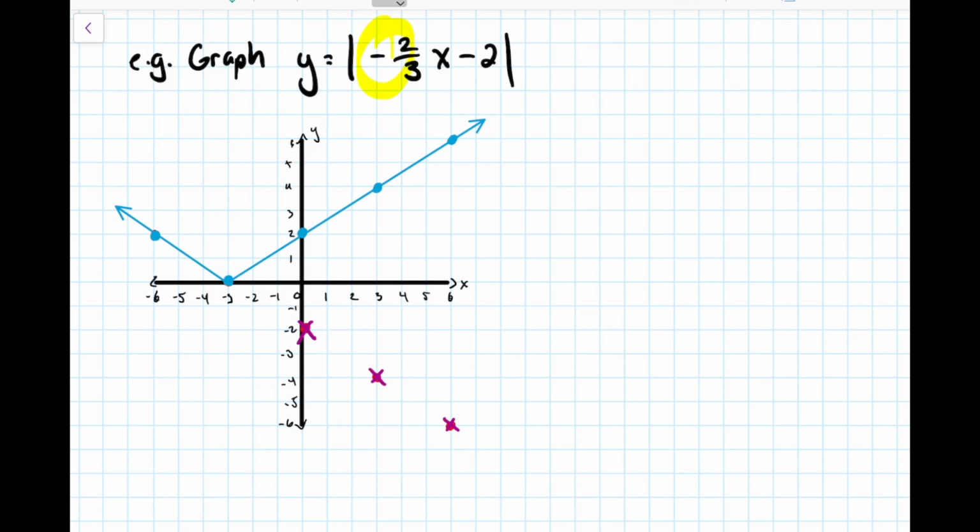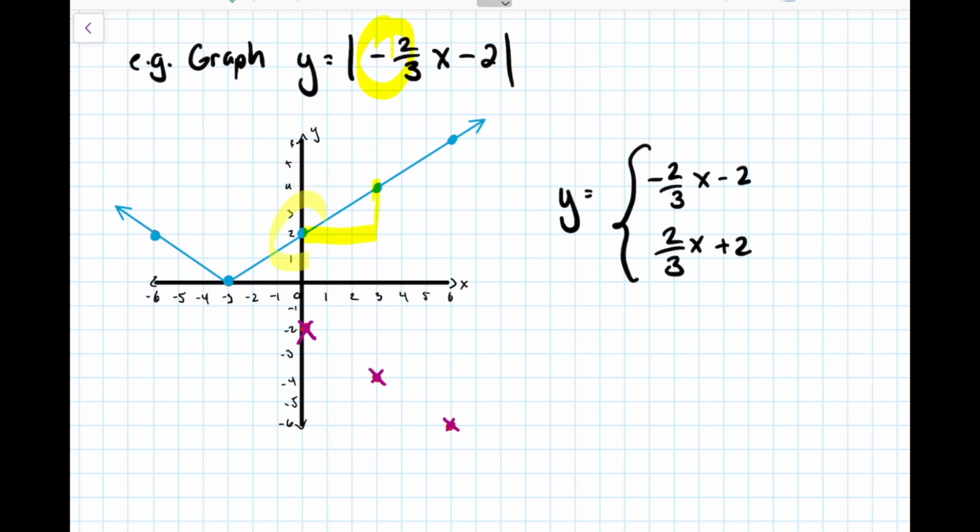And now we just need our piecewise function. So we've got y equals curly bracket, so the original function, and then the opposite of that. The other version is just going to be, and I might need a slightly bigger curly bracket here, positive 2 over 3x plus 2, which you can see with this positive slope over here and this y-intercept at positive 2.